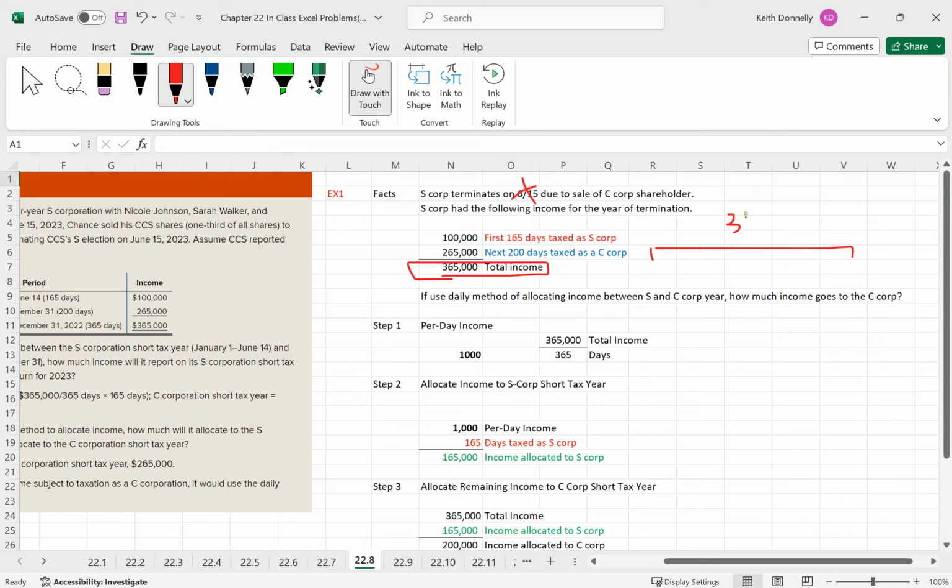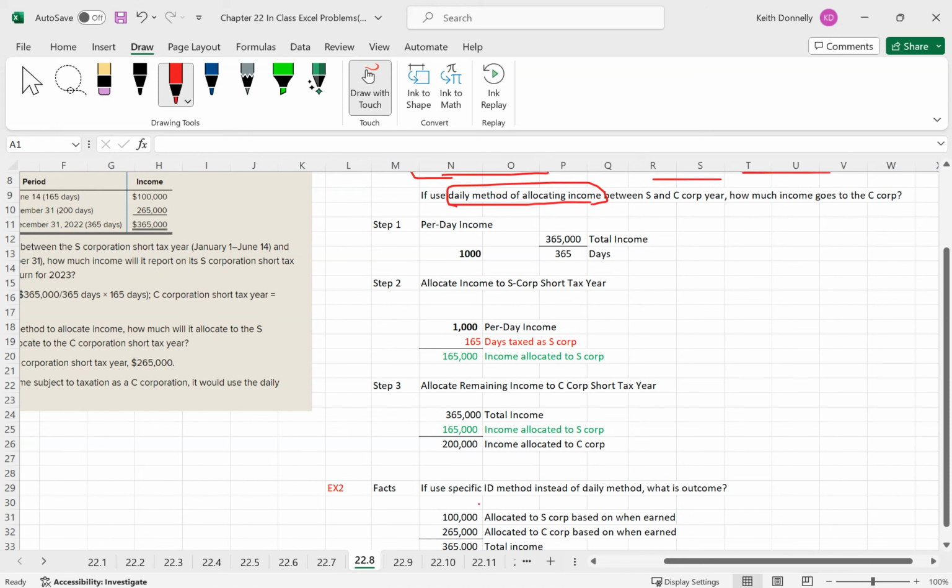We have to allocate that between the part of the year that we were an S Corp and the part of the year we were a C Corp. There are 2 methods you can use. The one we're looking at here is the daily method of allocating income. There's also a specific ID method, but the general rule is the daily method.